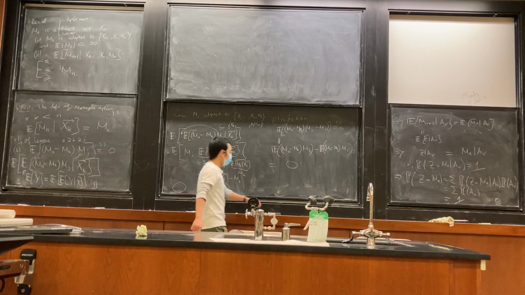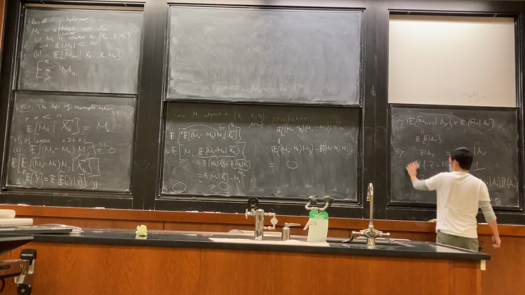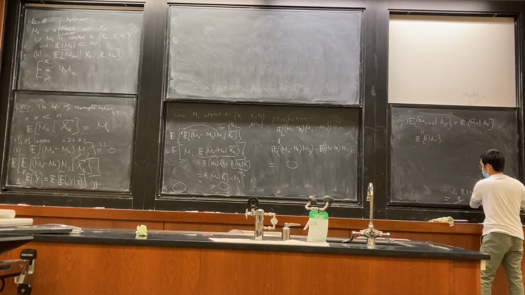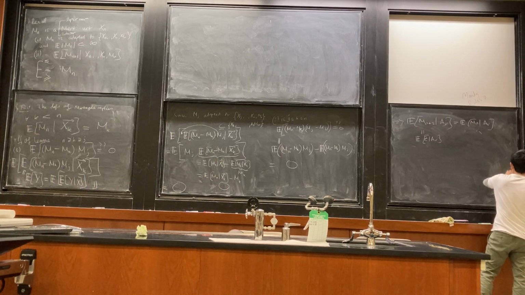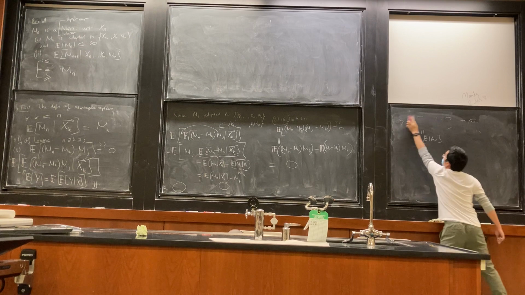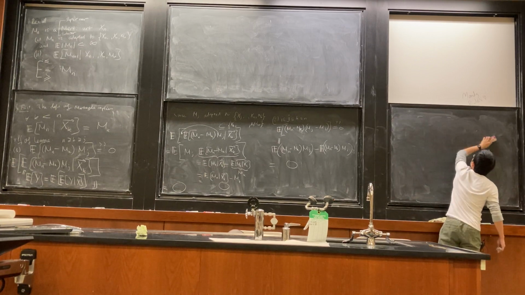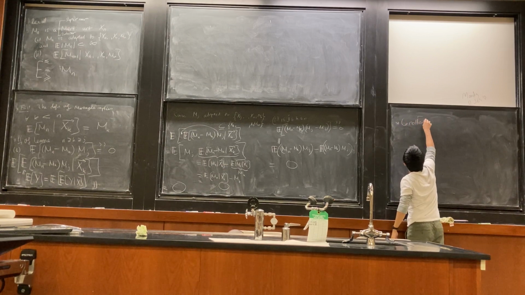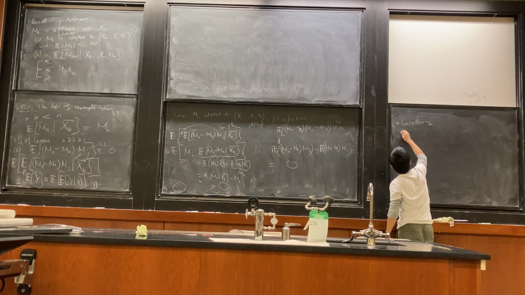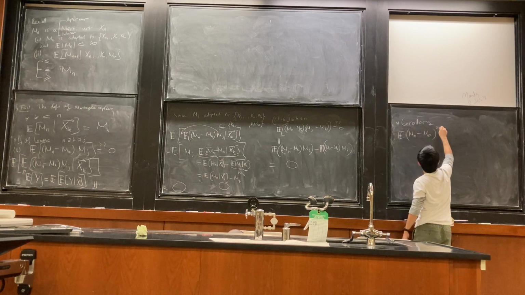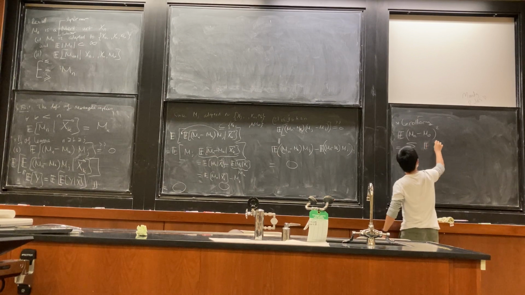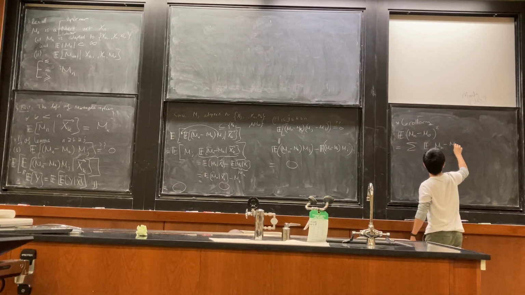So using this orthogonality, we have the following. As a corollary, we have if M is a martingale, then the expected value of M_n minus M_0 squared can be split into the summation of the expected value of M_k minus M_{k-1} squared.